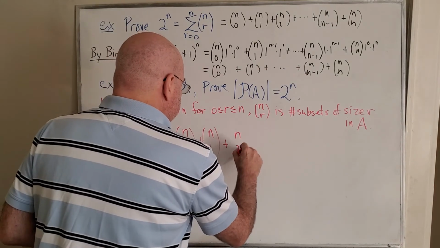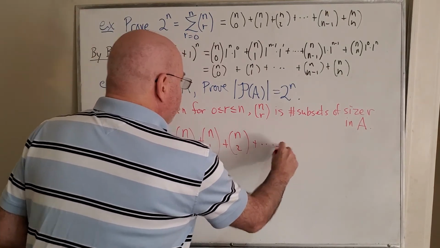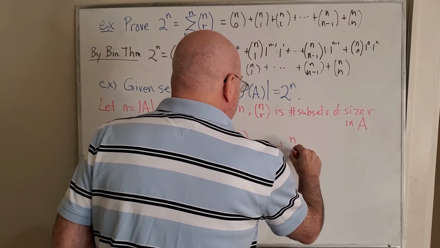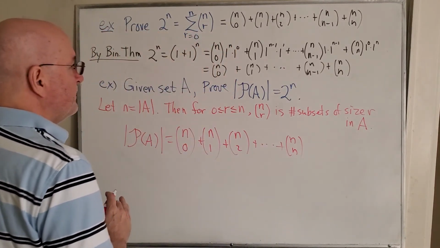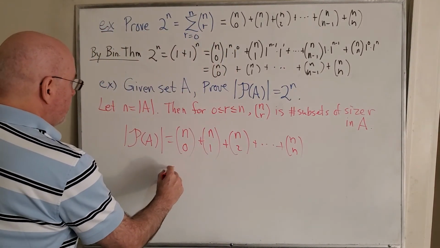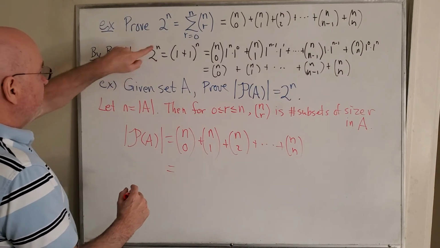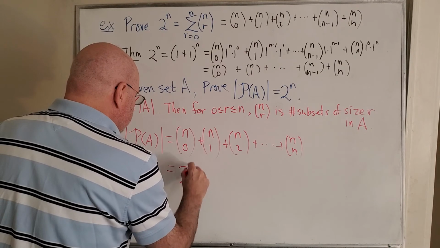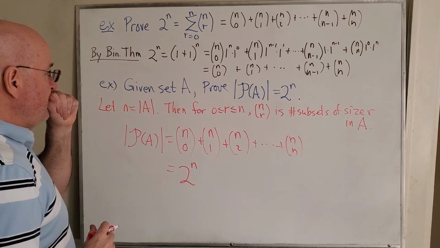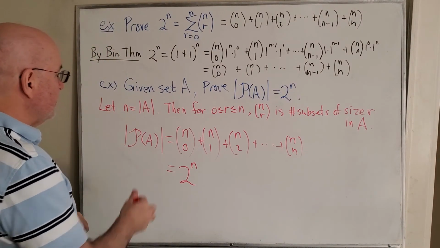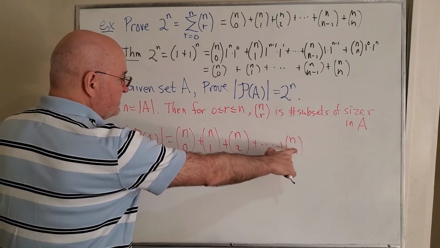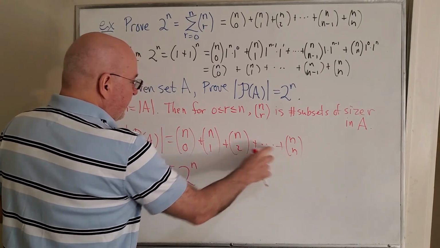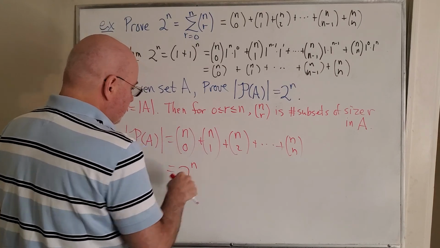How many subsets of size 2? That. Go all the way to the end to n choose n. And by this, 2 to the n, all of that is equal to 2 to the n. So here's the number of elements of all the different sizes going from 0 to n, and we just proved that that sum is equal to 2 to the n.